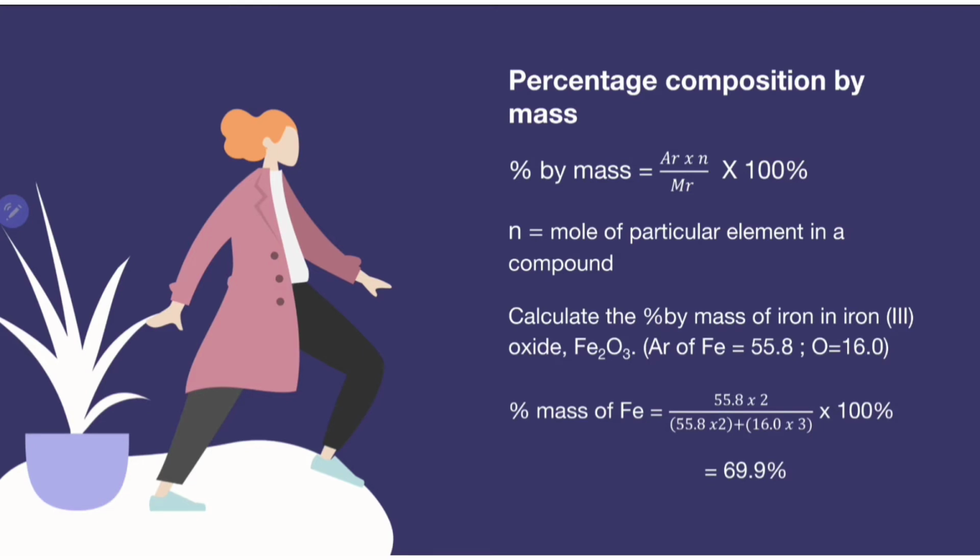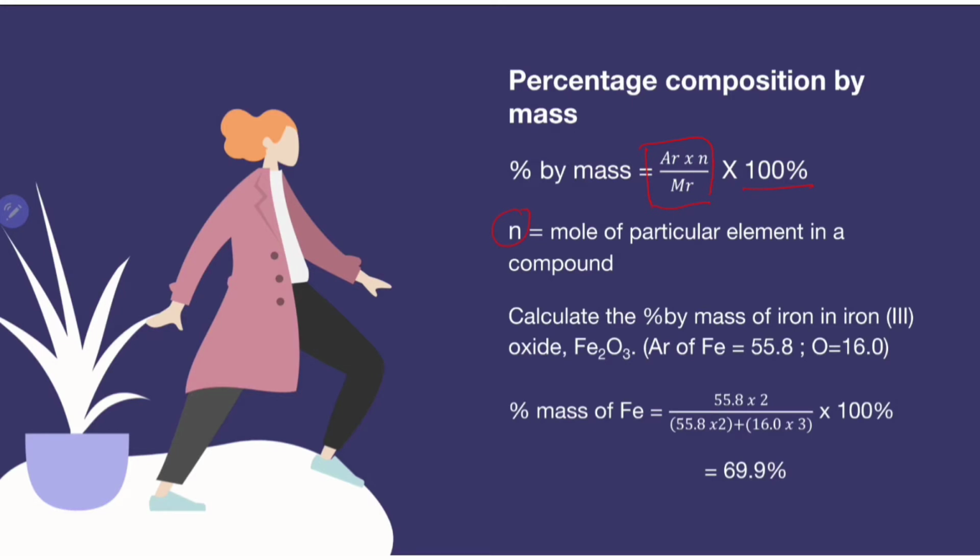Then we continue with how to calculate the percentage by mass of an atom or element in a compound. Percentage by mass is AR times n over MR times 100%. n is the mole of the element.